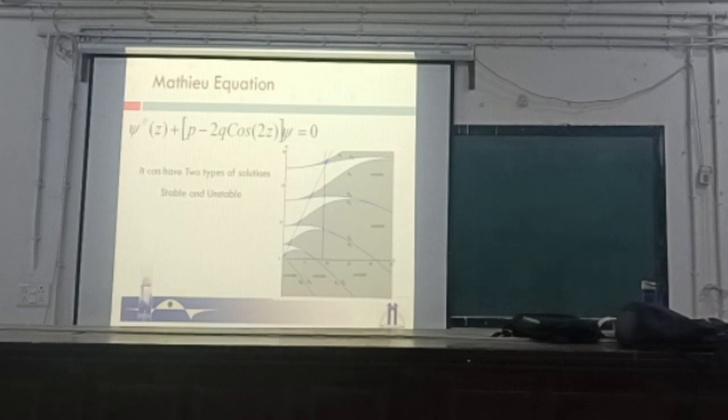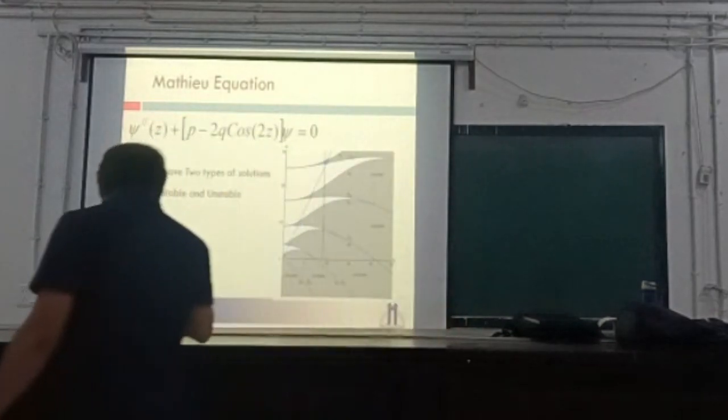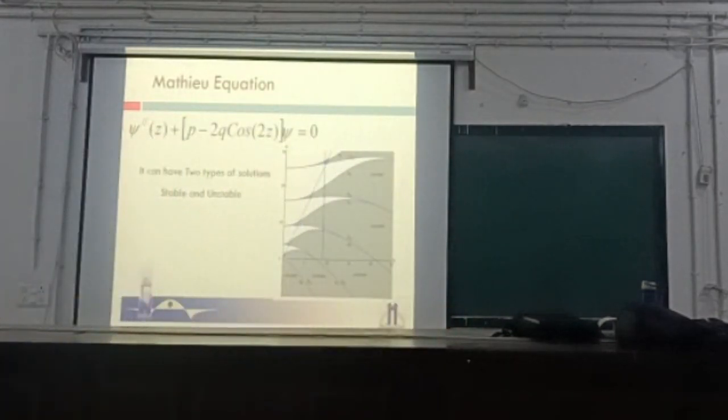Around 300 years back, a French scientist studied it. If you try to solve this equation, you find the solution space has two regions. The gray regions are the unstable solutions, and the white regions give you the stable solutions. Stable solution means there is no divergence; the solution will be periodic.